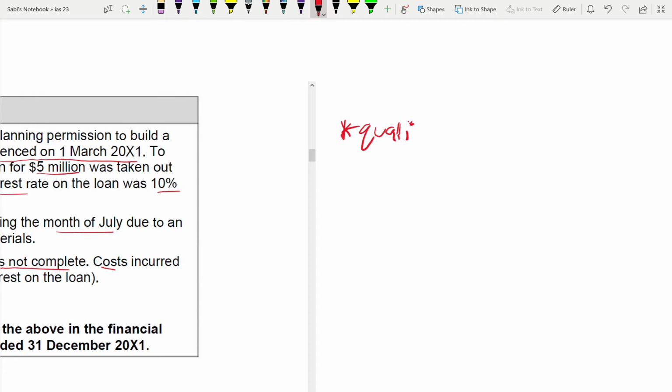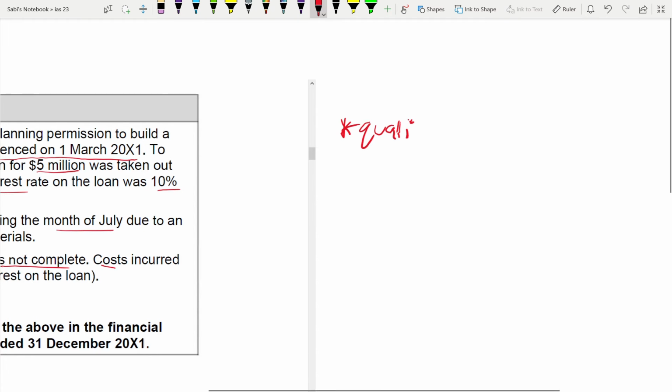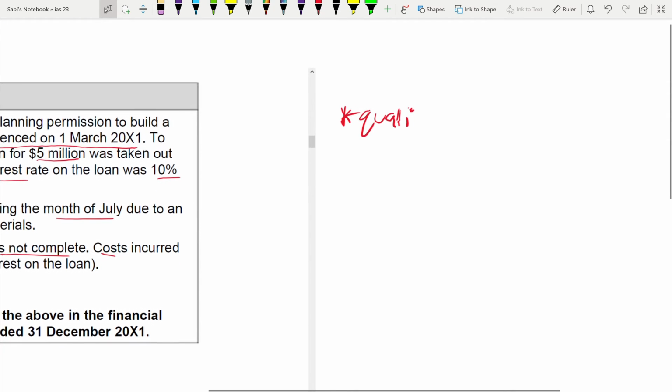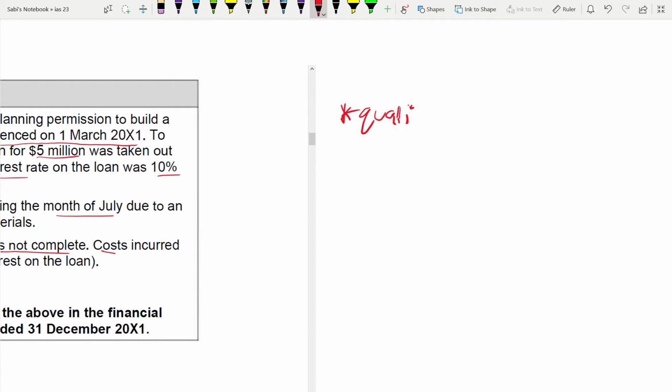IAS 23 says this is a building, and a building takes a long amount of time to get ready, right? So it's a qualifying asset. First understand this. Then time.